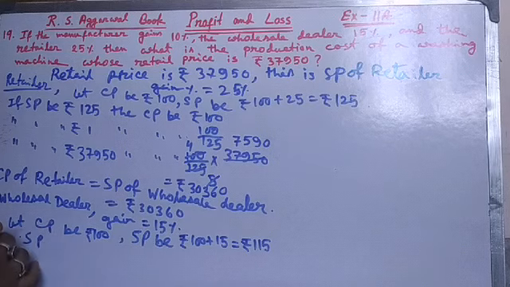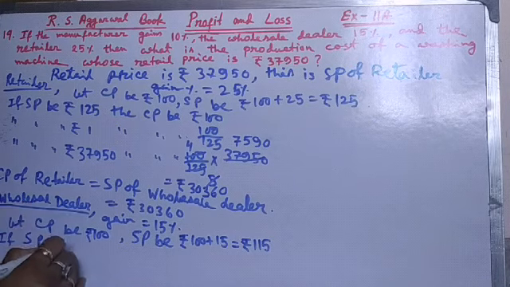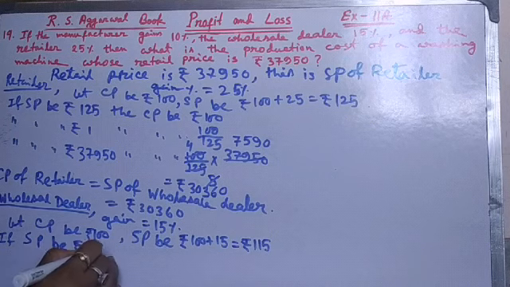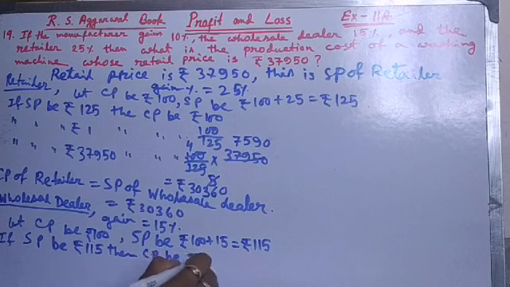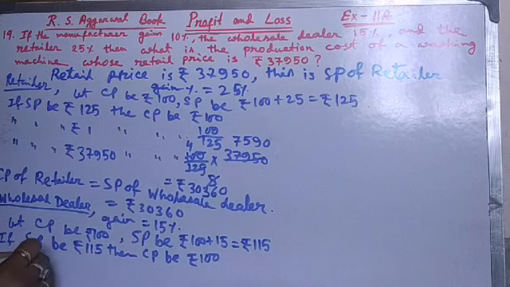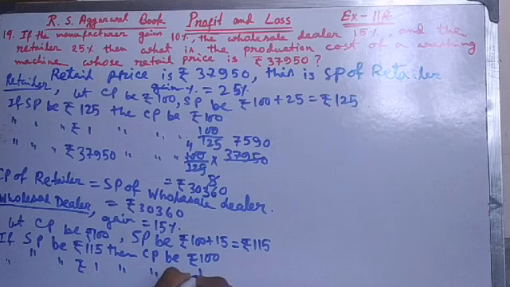So if SP is rupees 115, then CP is rupees 100, then for rupees 1, SP rupees 1, then CP 100 by 115.